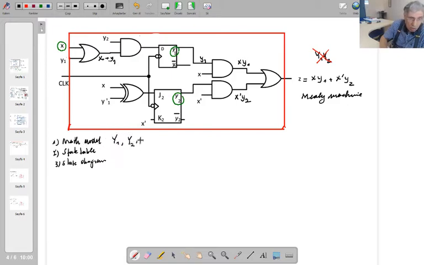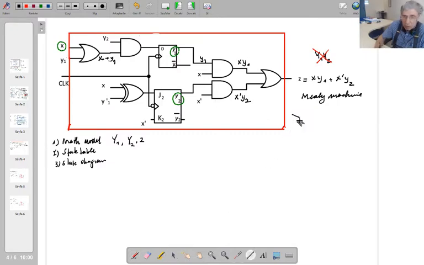The other dependent function that I'm going to find is the Z output function. In order to find the next state functions, I've got to know the definition relation of my memory elements. What is the definition of the memory element?